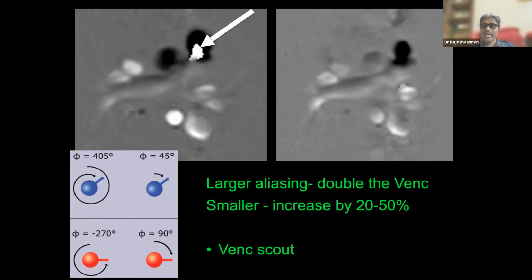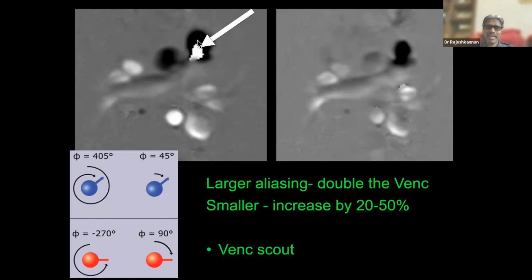So how will you correct this aliasing, and how much can you increase the Venc? As a rough rule of thumb, we can look at the total area of the aliasing as compared to the structure. Suppose we are seeing aliasing in somewhere around 20% of the area, then you can increase the Venc by around 30 to 40%. That may be sufficient.